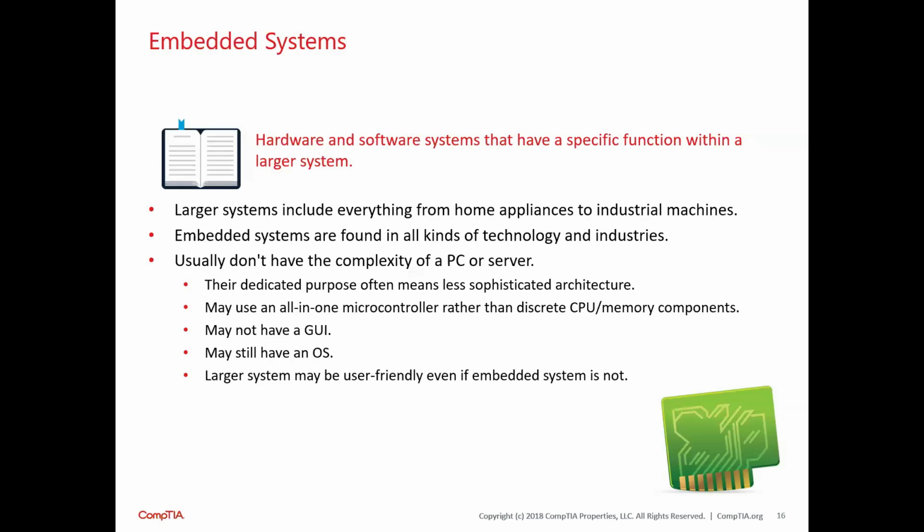For example, whatever is inside your camera, or maybe your PLC, or something inside your storage drive, these are considered embedded systems. So they have their own technology. Home appliances like your TV, your smart TV, and other industrial machines.